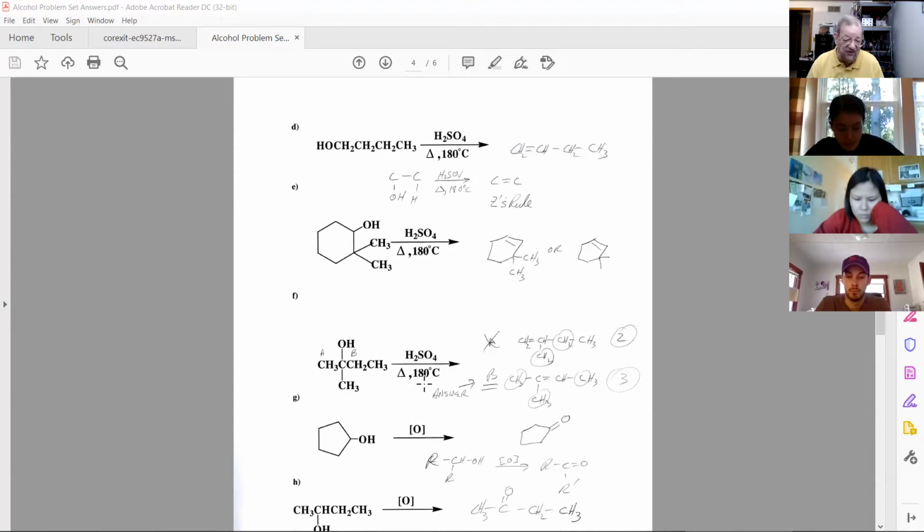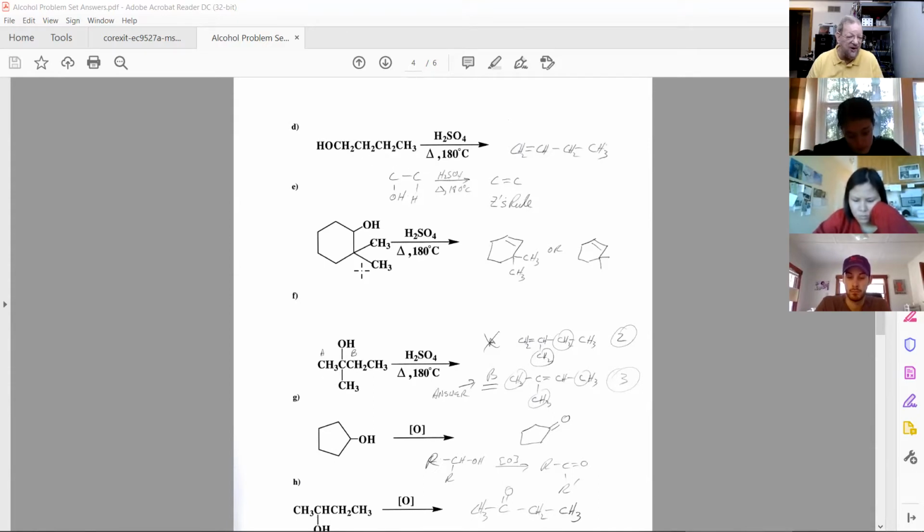And sometimes I do put down 180, high heat. And you really have to heat this to make it go. And what happens is you lose water. Now, the general reaction, which I have up here, is the hydroxyl group and an adjacent carbon with the hydrogen, you form a double bond, and it follows Zaitsev's rule.